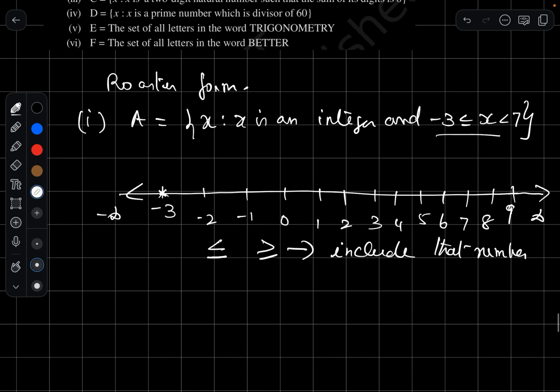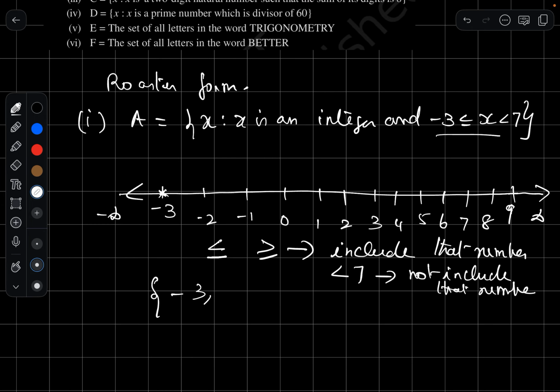So how will I start? I will start with minus 3 first. Then after that it goes up to less than 7. If you see this symbol, you should not include that particular number, because there is no equal to symbol below this less than. So your interval starts from minus 3 and ends not at 7, but before 7.